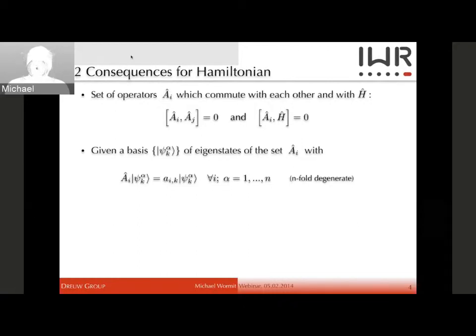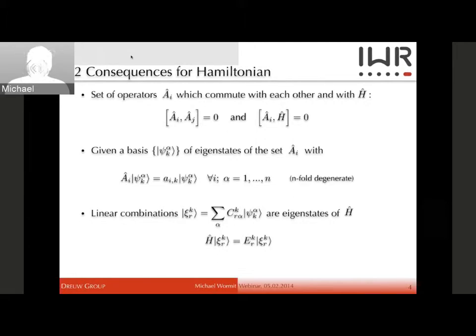And then if they commute with each other, then we can build up a set of eigenstates for the A_i, which I call psi k alpha, where alpha indicates the degeneracy of the eigenstates. Down here is also the eigenvalue equation.